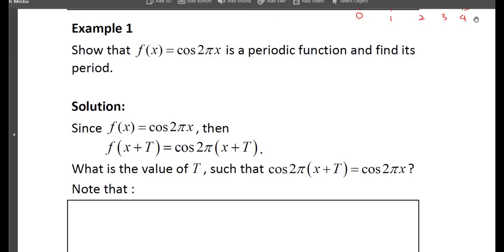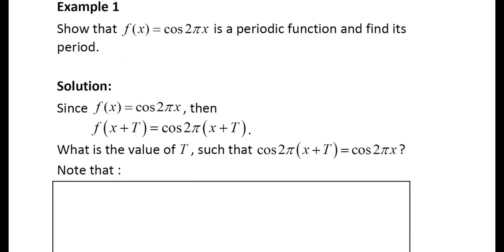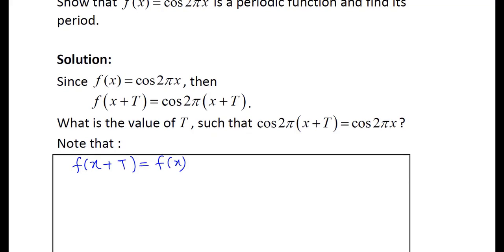To show that f(x) equals cos 2 pi x is periodic, we have to show that f(x + T) equals f(x). So f(x + T) equals cos 2 pi (x + T).